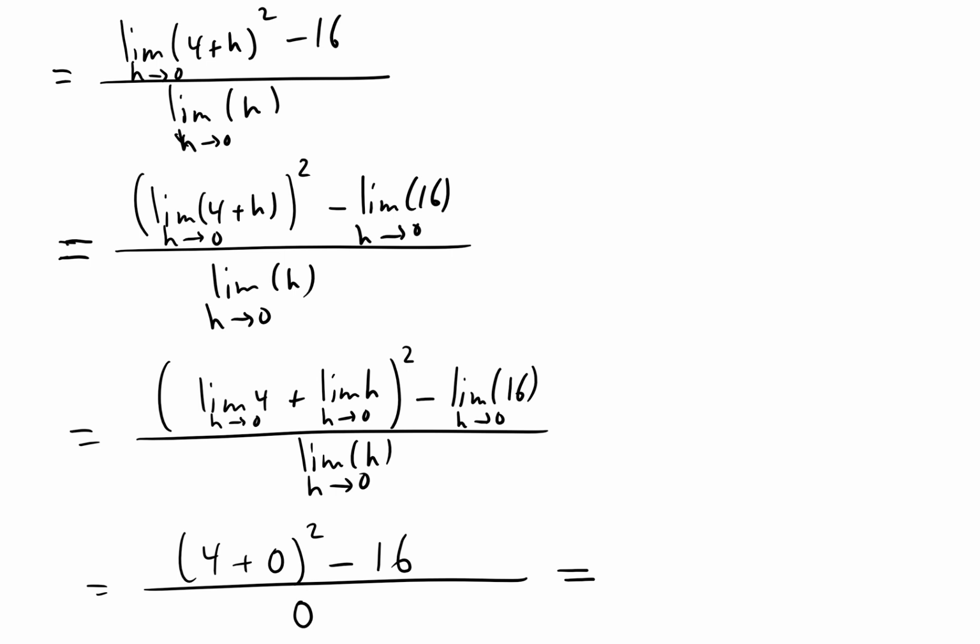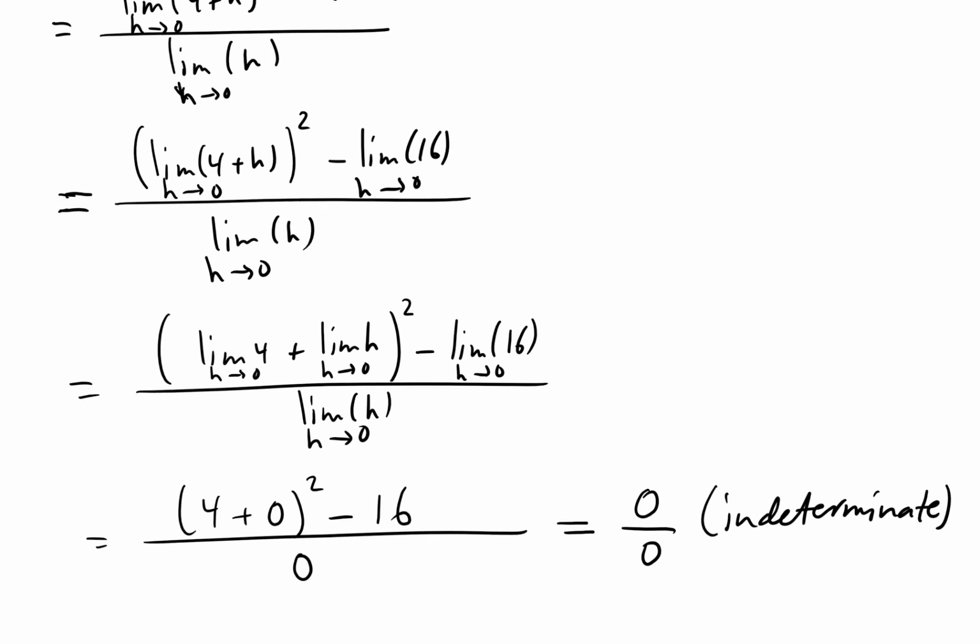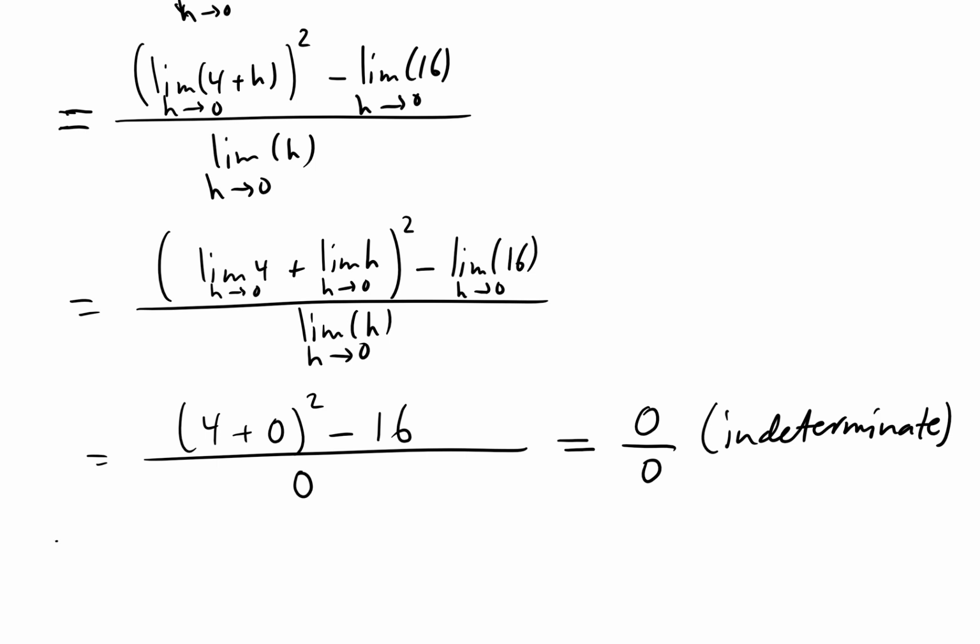This goes to 16 minus 16, 0 over 0. It would be nice to write indeterminate. Now, in this case, we can finish the problem in two different ways. You either can expand or you can factor.